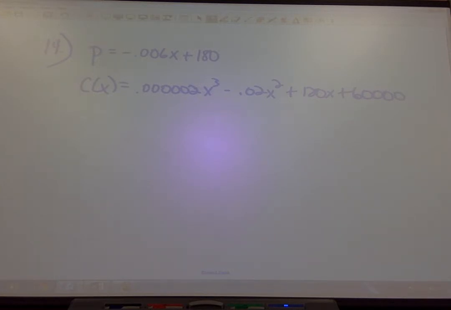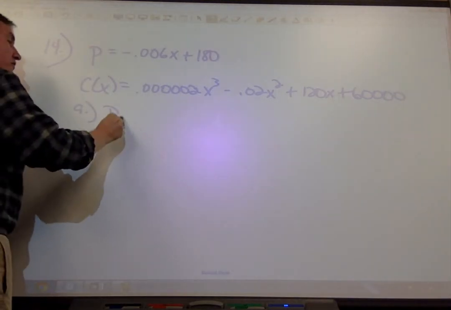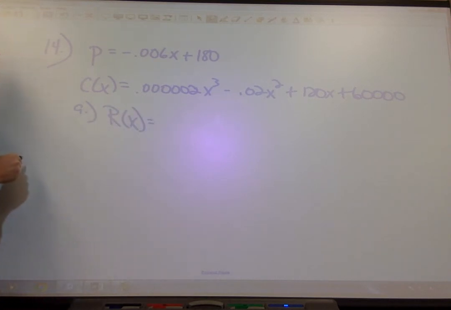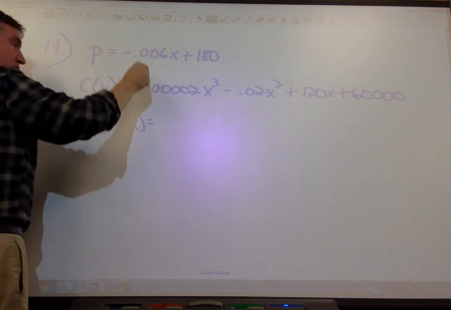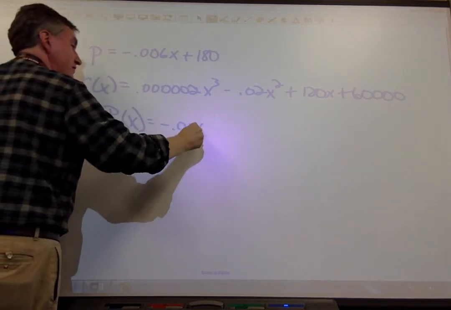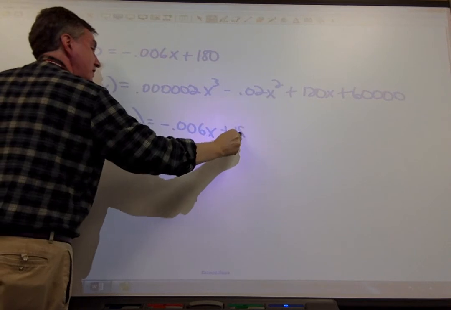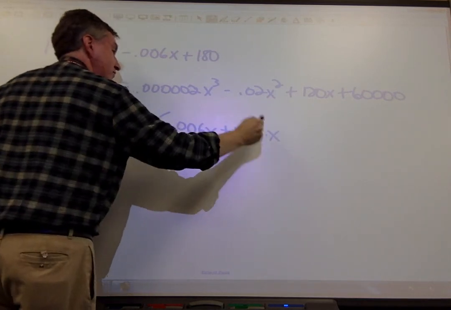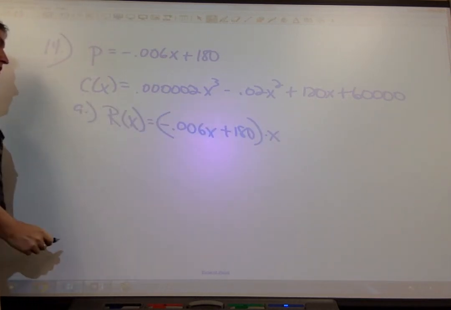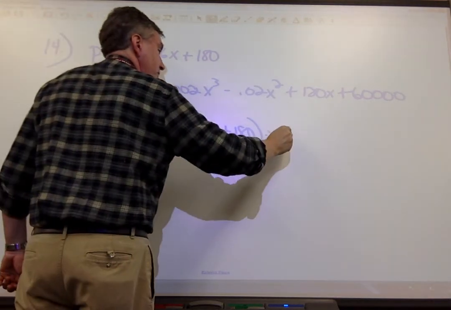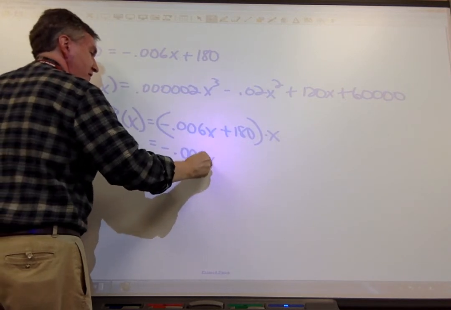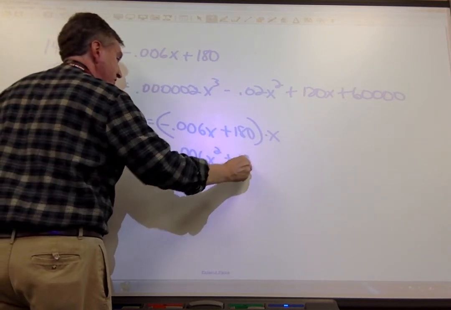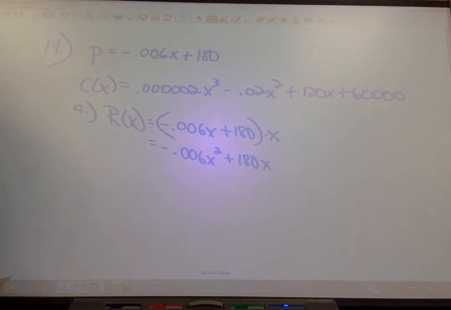Part A says find the revenue function and the profit function. What is R of x? Yeah, P times x. So we would say negative 0.006x plus 180, times x. Just like in that last one, P times x. You tell me if this starts to get too ugly and you see where it's going. I can stop writing at any time.